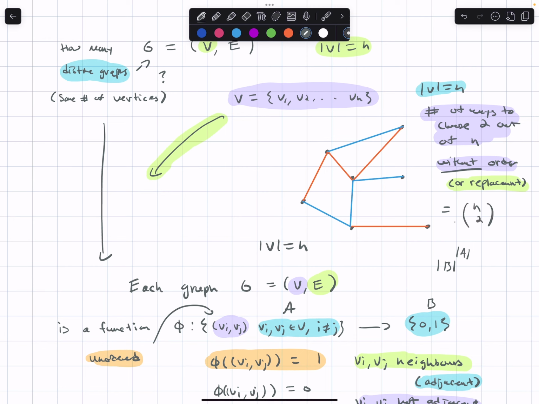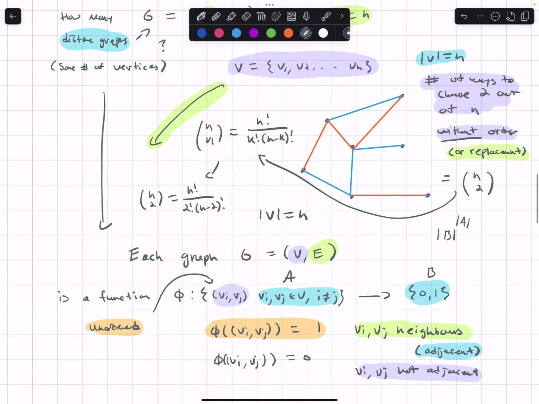This is n choose 2, which I'm running out of space here, but we'll recall that n choose k in general is n factorial over k factorial times n minus k factorial. So n choose 2 is n factorial over 2 factorial times n minus 2 factorial.